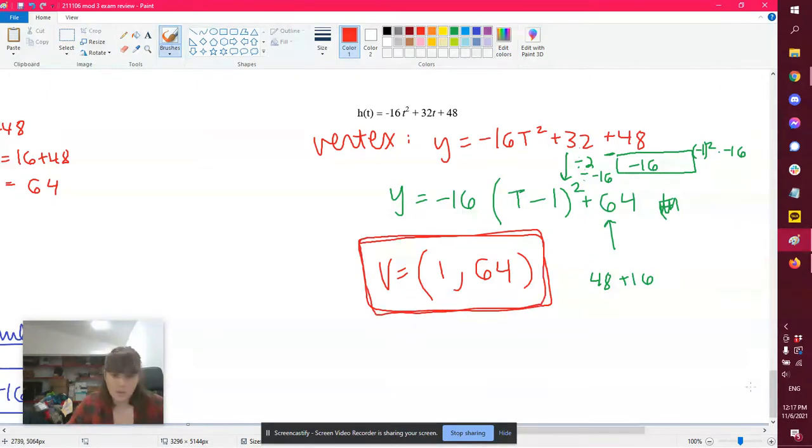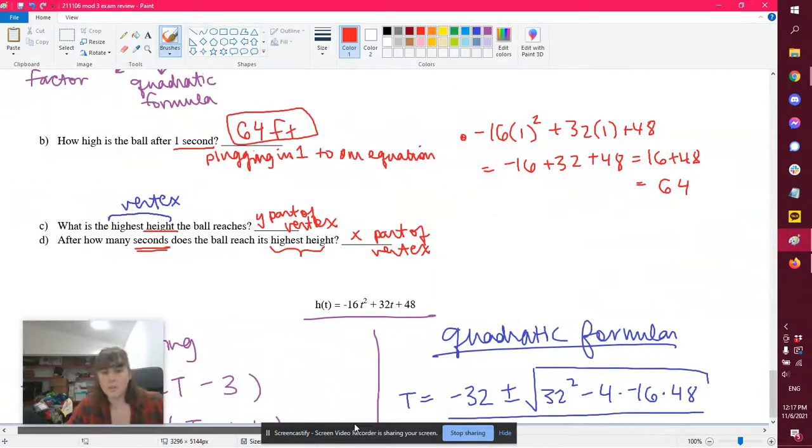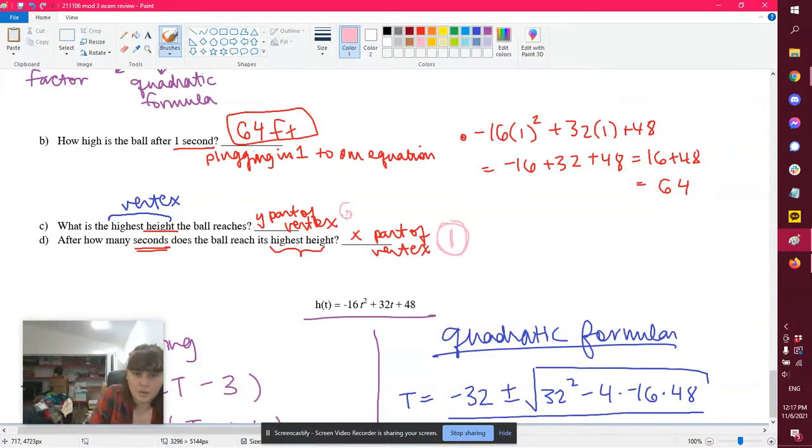So, turns out plugging in 1 actually gave us our vertex this whole time. Our final answer then is the x was positive 1 and the y was positive 64 for our vertex.